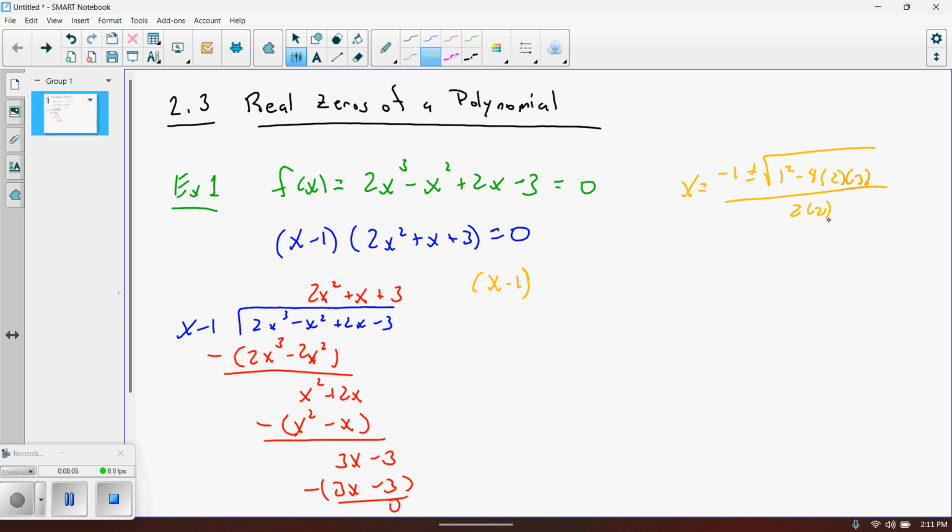It's going to be a negative 23, which means that the other two roots that we would get out of this would be non-real, because you can't take the square root of a negative number in the real number system. So the only real root to this thing would actually be x equals 1. That would be the one real 0 of this thing.